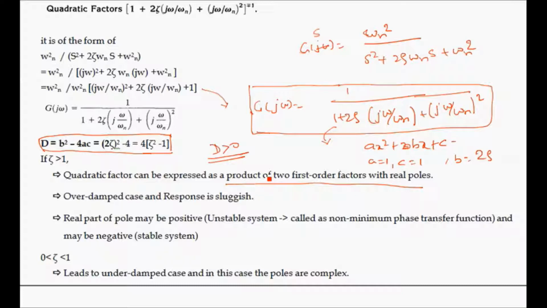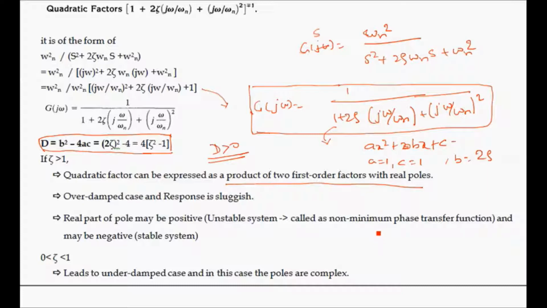This is the case of an overdamped system, and we have already learned that the response of an overdamped system is sluggish. The real part of the pole may be positive for an unstable system, or negative for a stable system, but the pole is a real pole. There is no imaginary component in this pole.